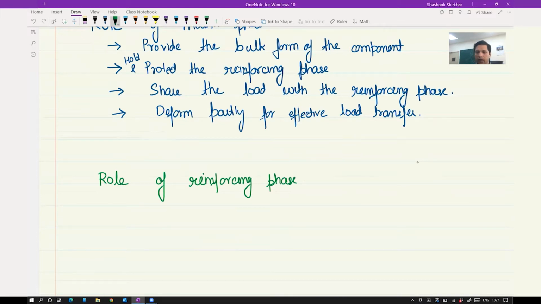Like we said, we put in the reinforcing phase primarily for mechanical strengthening, and therefore the primary purpose of the reinforcing phase is to provide reinforcement, as the name also suggests, by carrying the bulk of the load.